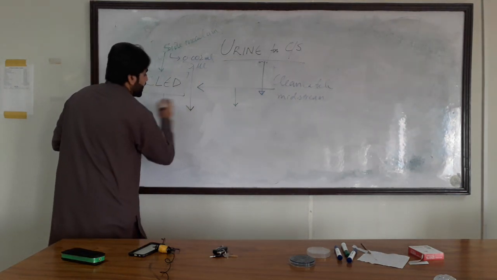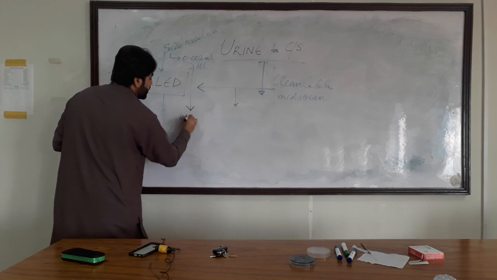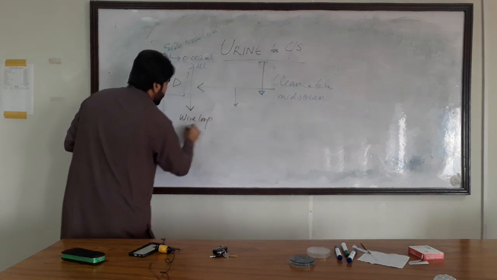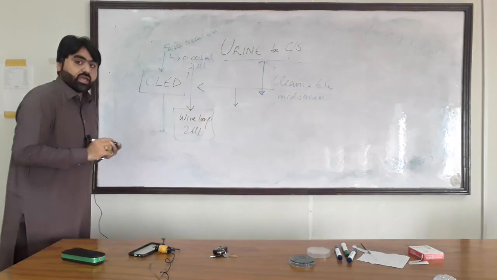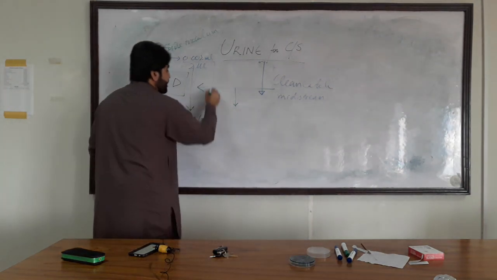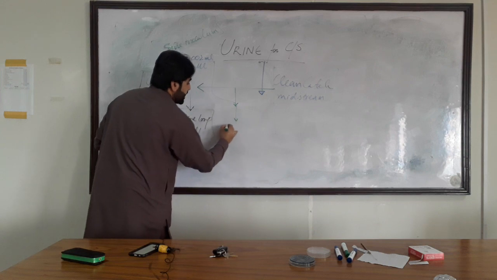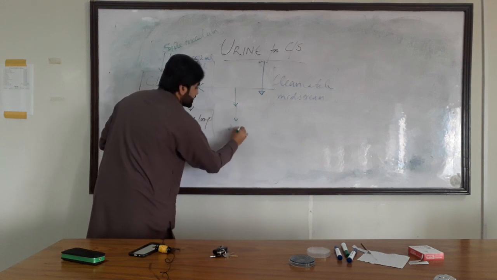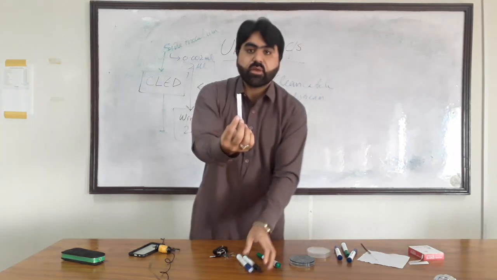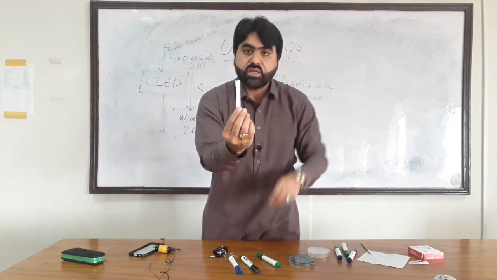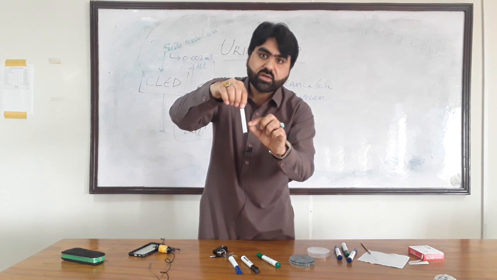One, you can use a wire loop of 2 microliter size, or in the other way you can use a strip of filter paper which sucks up 2 microliter of urine. I would like to show you what a strip of filter paper is like. We dip it in urine up to a mark which has been indicated.